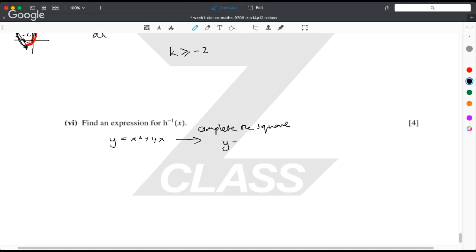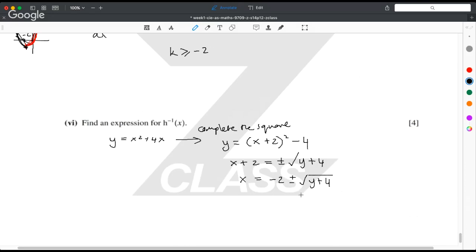So we can see that y is equal to x plus 2 all squared minus 4. And then we take the 4 over, and then we take the square root. We get x plus 2 is equal to plus or minus the square root of y plus 4. So x is equal to minus 2 plus or minus the square root of y plus 4.